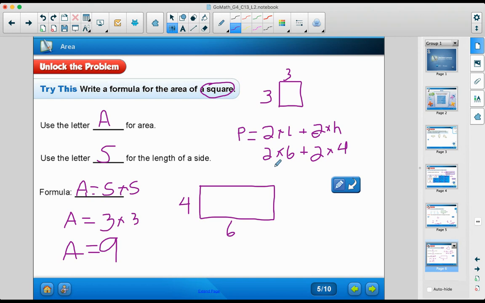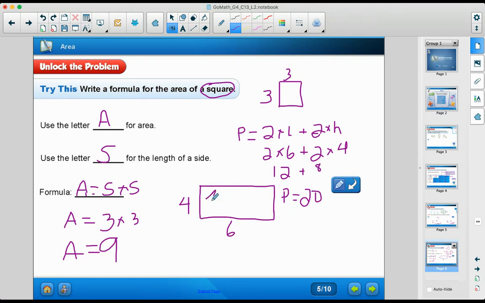So 2 times 6 is 12, 4 times 2 is 8. So my perimeter equals 20. So that's perimeter. That's the lesson we did yesterday.